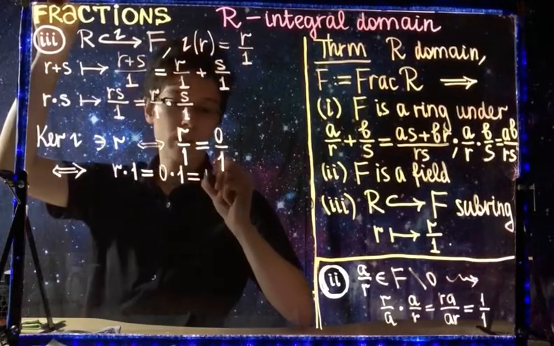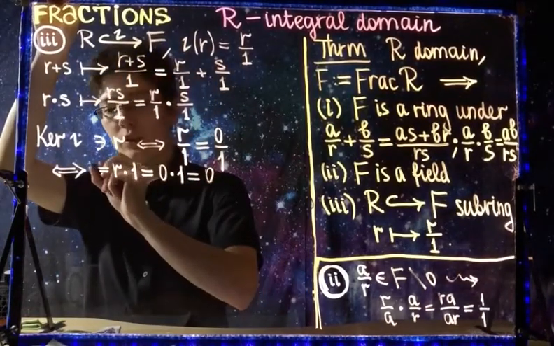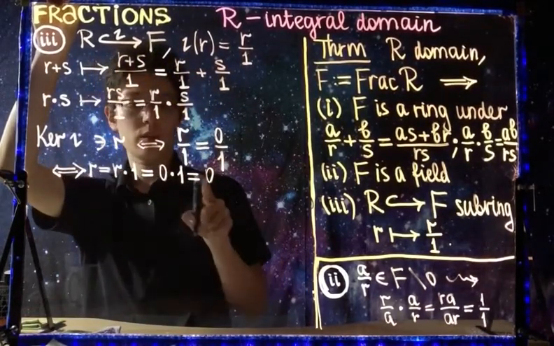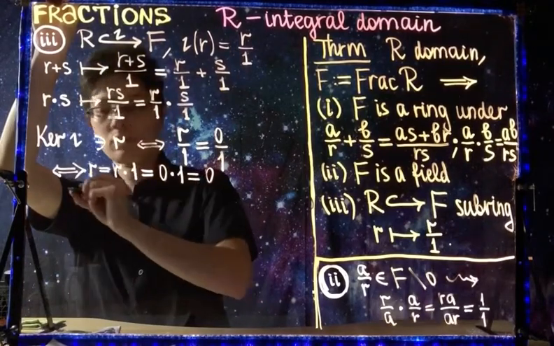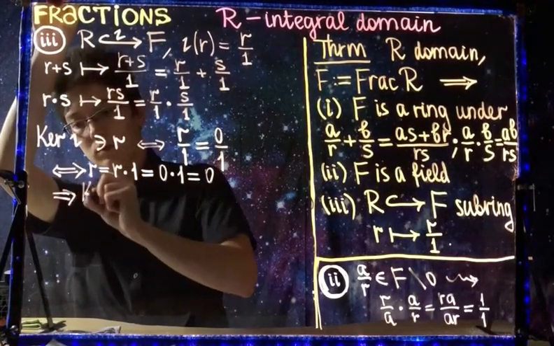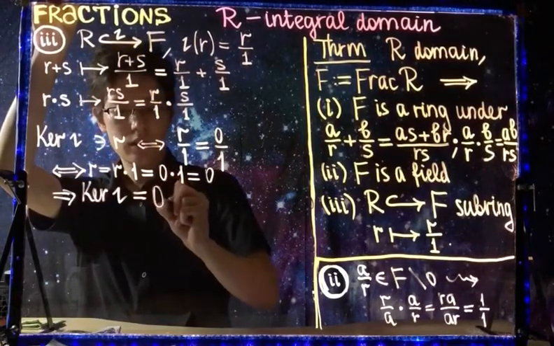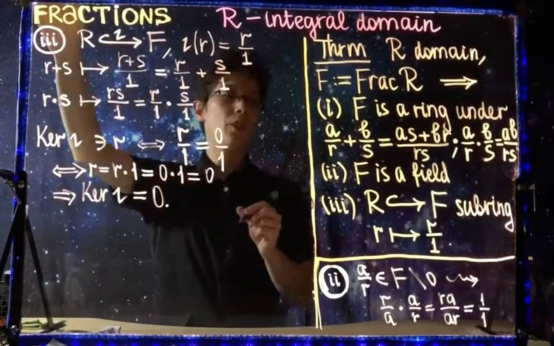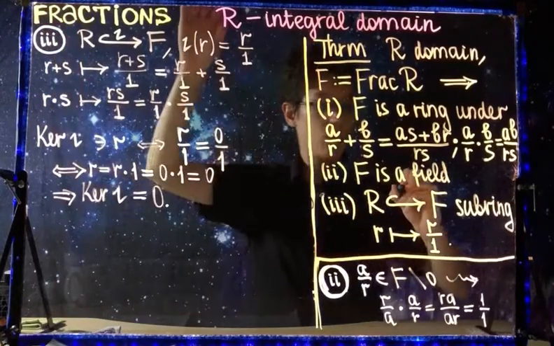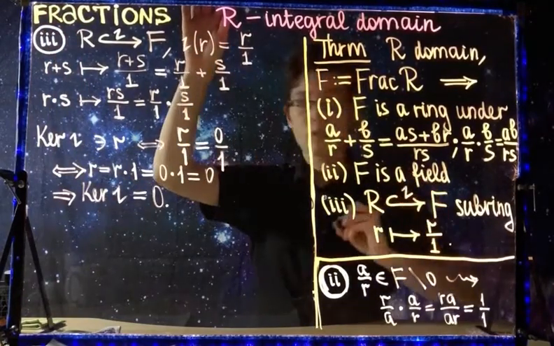But 0 times 1 is 0 and R times 1 is R. So we get that R is equal to 0. So the kernel of iota is 0. And thus, this map is an injection.